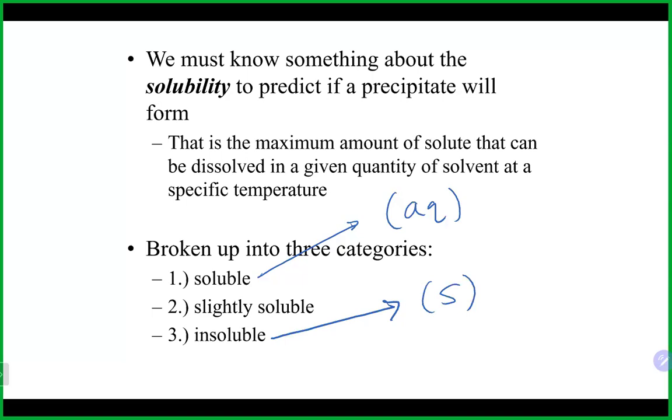And again, that would mean that we would have a precipitate like we just saw there with the PbI2. That is insoluble, which means we would expect a solid. There is a third classification that you sometimes come across, and that is what is known as slightly soluble. And for all intents and purposes, most people consider slightly soluble to be insoluble, leaning towards the insoluble side.